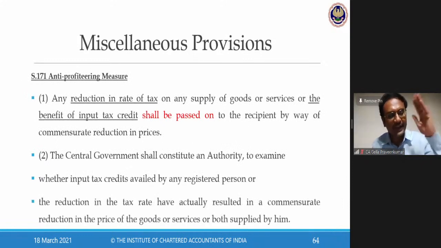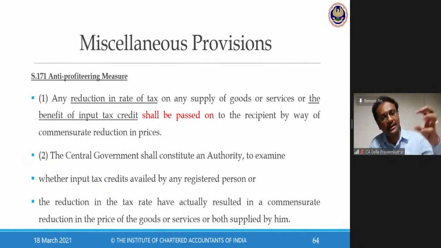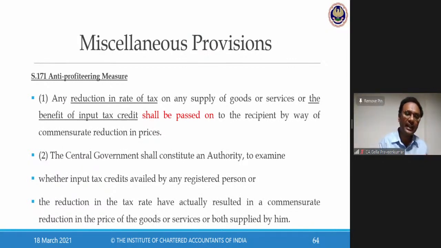Friends, we come to the fag end of our discussion, called anti-profiteering. This mechanism of anti-profiteering says, look, when you migrated from the erstwhile law to this law, you have accumulated input tax credit, or you have been in a comfortable position where there is a possibility of reducing your tax burden. I would recommend this one topic called anti-profiteering.